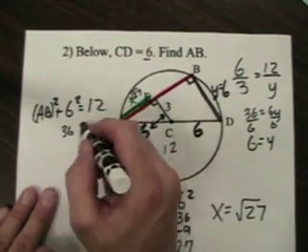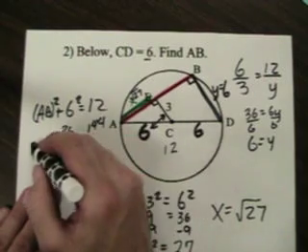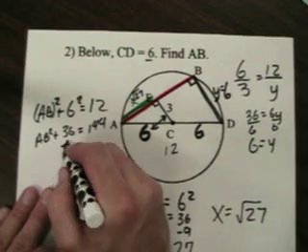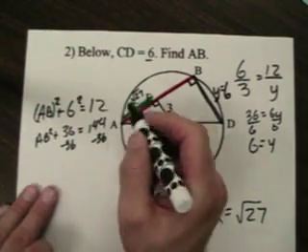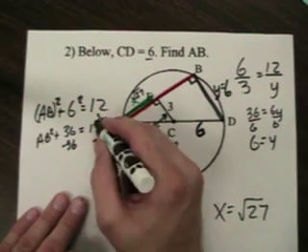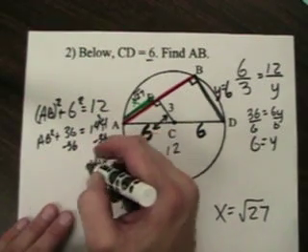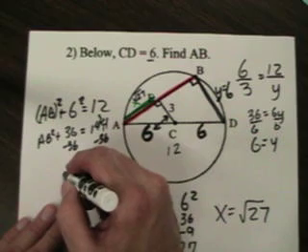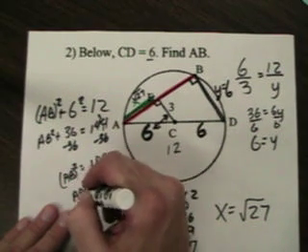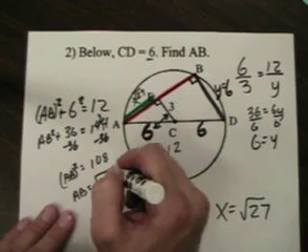Or 36 and 144. Subtract 36. And we get 108. And so AB quantity squared equals that. So AB will equal the square root of 108.